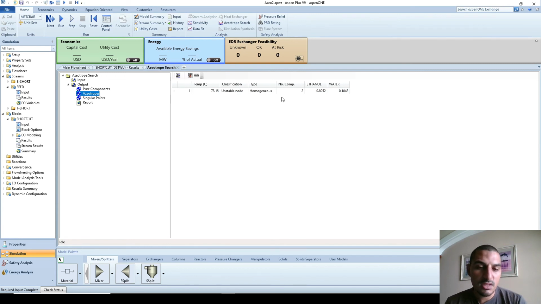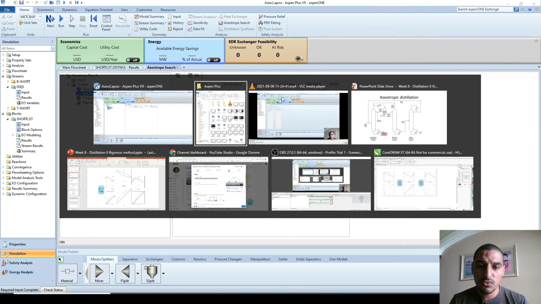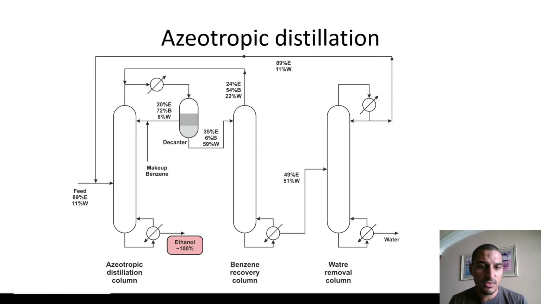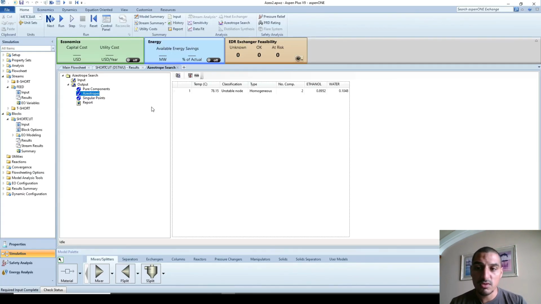And by homogeneous, I mean that the two components are miscible at any composition. So, for instance, in the earlier case we had two phases, so they're not miscible at all compositions for ethanol, benzene, and water. But for ethanol and water, they are miscible at all compositions. So we can know that there is an azeotrope here.